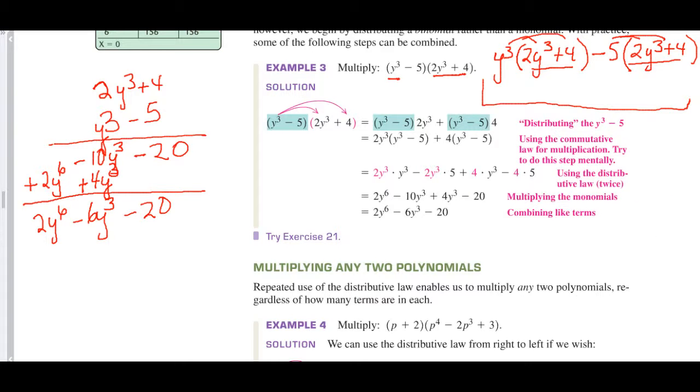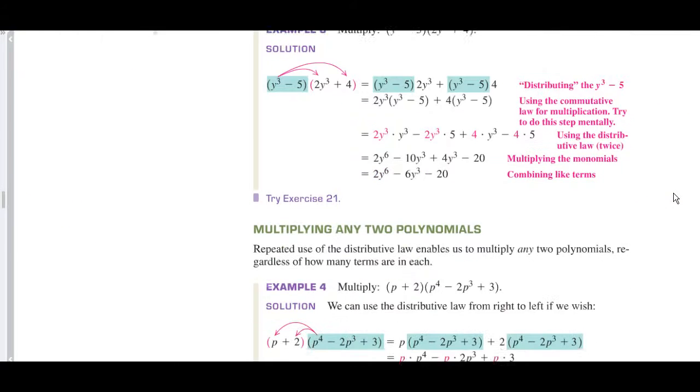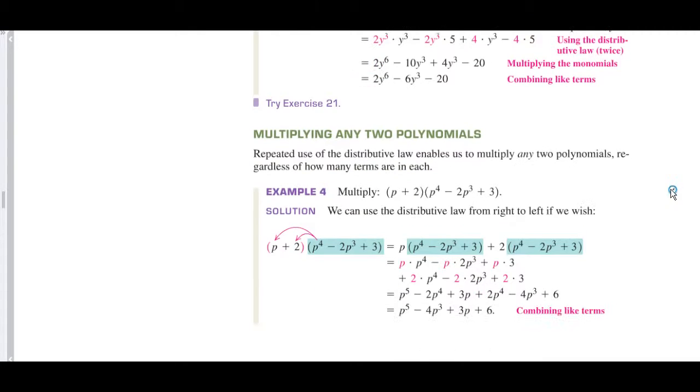Now, when you multiply any two polynomials, there is a protocol or method to follow. Again, we can take the p and multiply it by this, and then the 2 and multiply it by this. But again, I'm here to strongly suggest that when you set this up, set it up vertically.